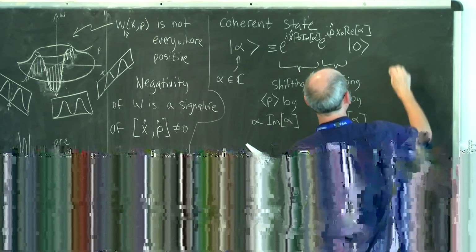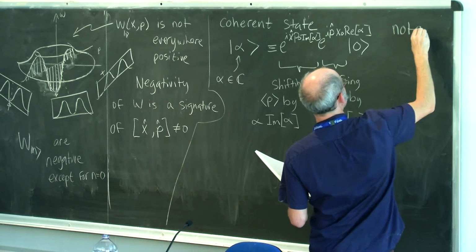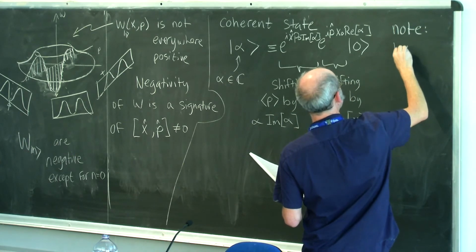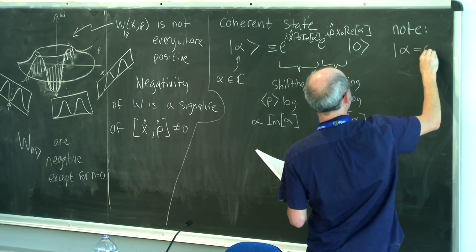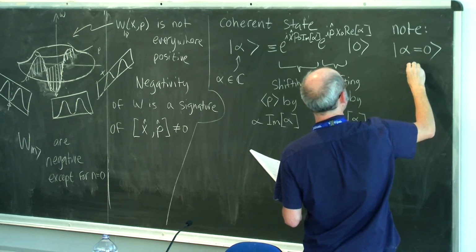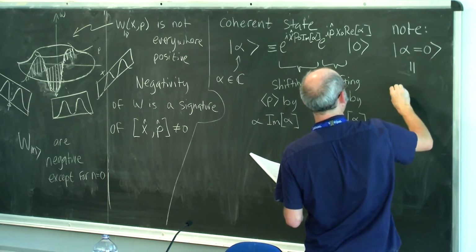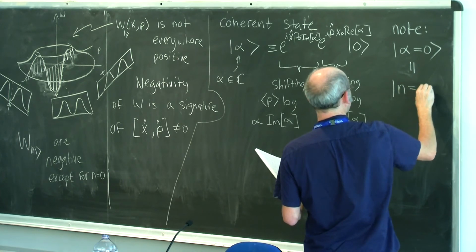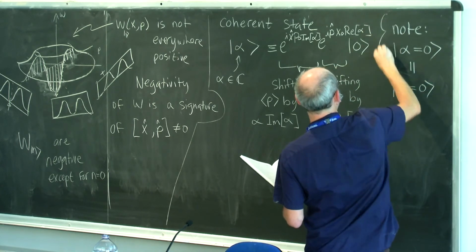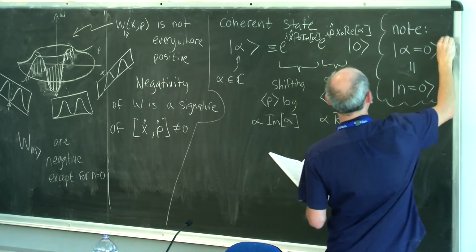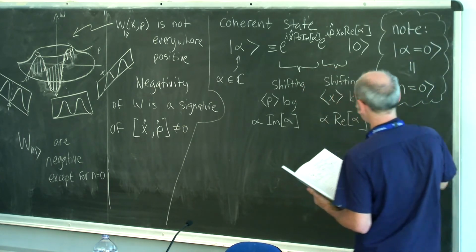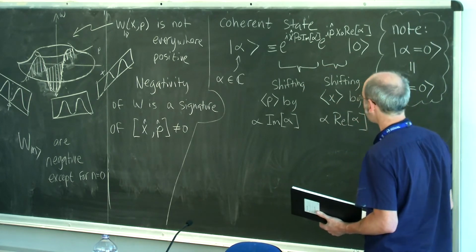And one thing to note is that the coherent state labeled by the number 0 is the same thing, as a result of this definition, as the energy eigenstate with quantum number 0. But that's the only instance in which an energy eigenstate is also a coherent state.